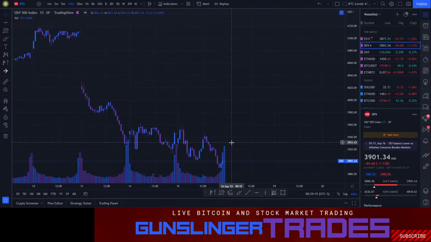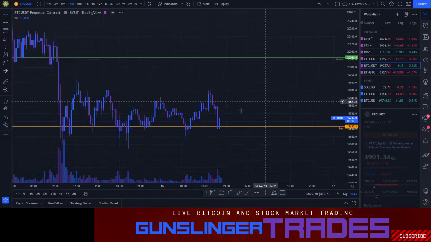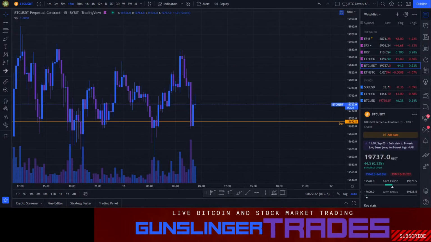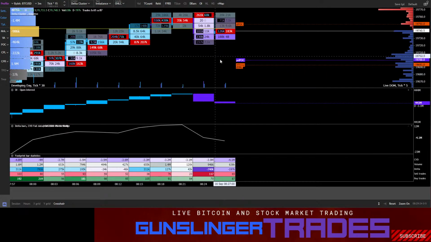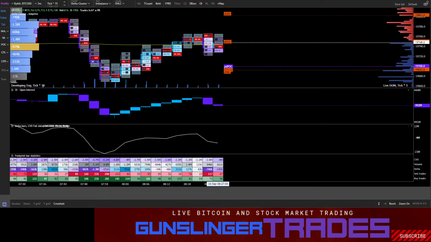Good to see. I have a feeling we're gonna gap down a little bit on the S&P and then start to pump up and fill in that gap as 9 o'clock starts to roll around. But again, I could be wrong. I'm just looking at the Bitcoin order flow, and Bitcoin's really all I care about at this point.